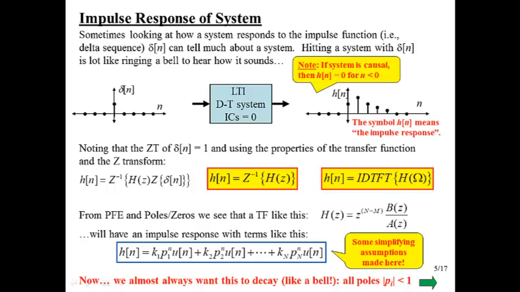If the impulse response grows without bound, then we would have a system that's not very usable. So in order to avoid that, we need all of these p sub 1s and p sub 2s, the poles, to have magnitudes less than 1, because otherwise we're raising them to powers, and if they're bigger than 1, they're going to keep growing bigger and bigger and bigger.